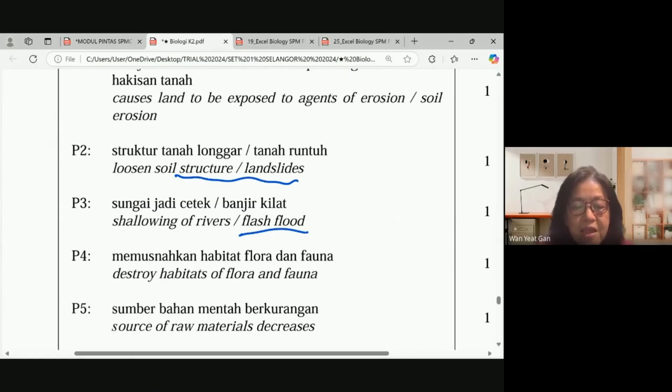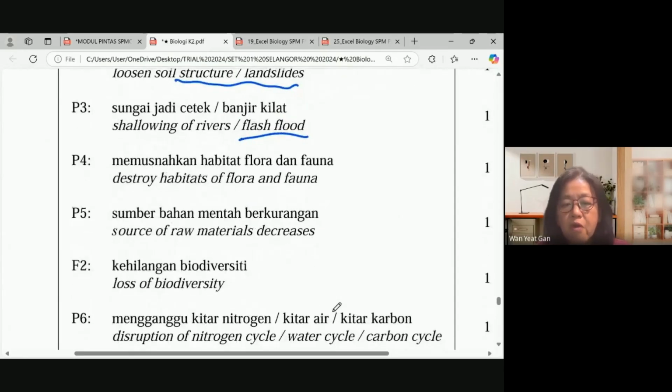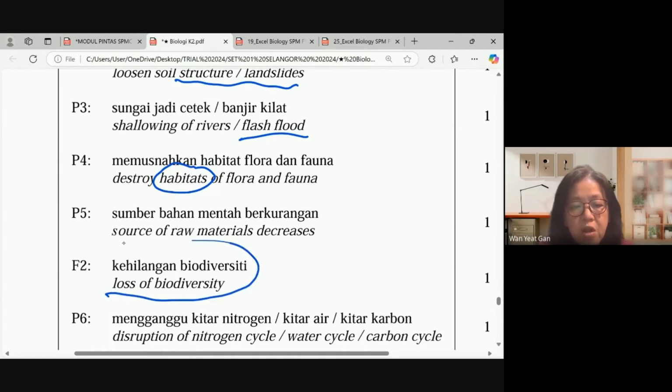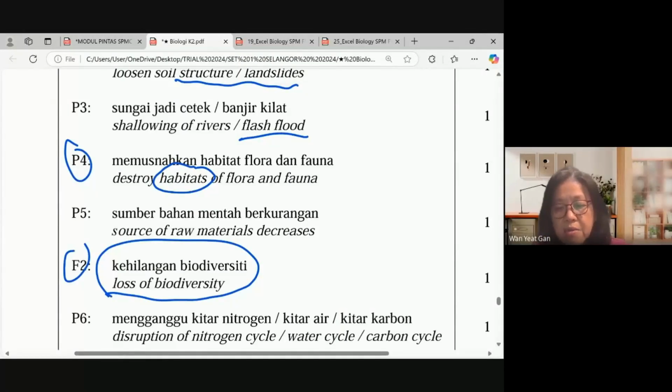Now, the second aspect under deforestation is everything about the flora and fauna. Now, the habitat is going to be destroyed. Because the habitat of flora and fauna has been destroyed, that results in the loss of biodiversity. So these two can be combined under the same category.